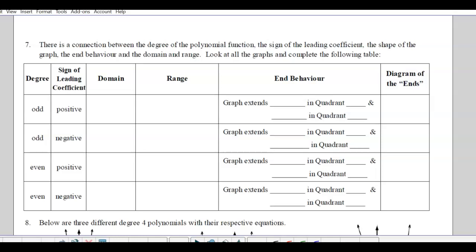So domain for all of these is all real numbers. So you can just do a little ditto all the way down. So the range, if we have an odd degree, so 1, 3, 5, positive leading coefficient, so that basically means it's going to zigzag somehow, okay? And so the range, those are my disco arms, is going to be all real numbers.